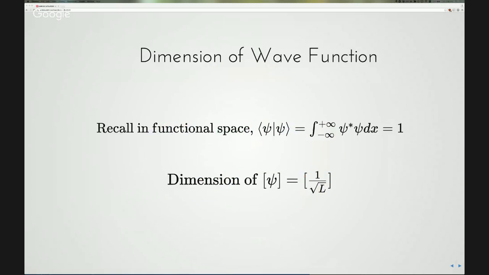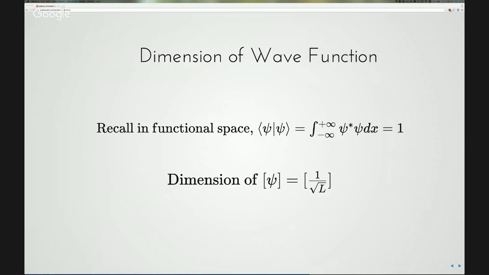It's also interesting to consider the dimension of this state. I don't know if you've studied linear functional analysis, but the inner product of 2 functions means you integrate the conjugate against itself throughout the entire space. It must be 1 because we talked about the normalization condition earlier. So we have this equation where the unit of psi squared times distance is equal to 1. 1 is dimensionless, so the unit of psi must be 1 over square root of length.